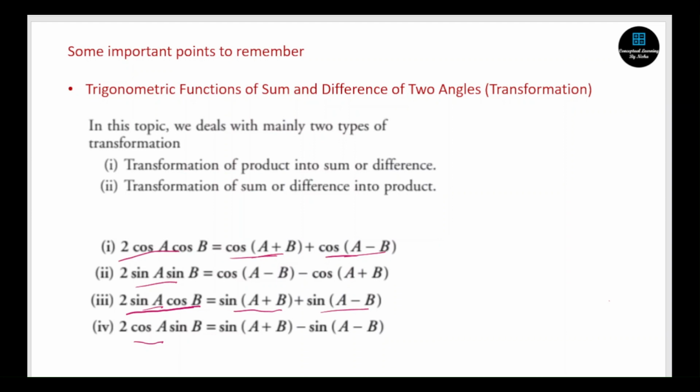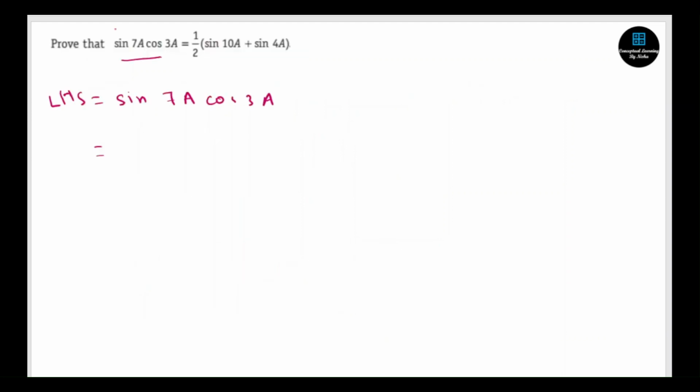So I am going to apply that. Okay, here is my question: 2 sin A cos B equals sin(A+B) plus sin(A−B).